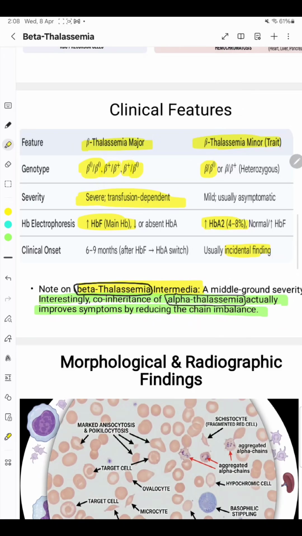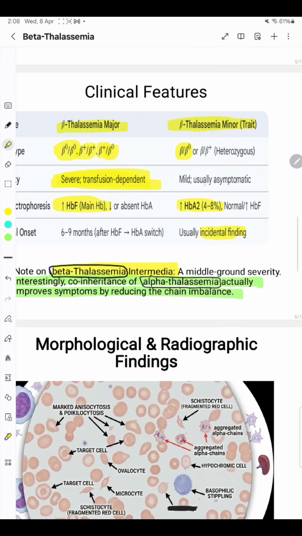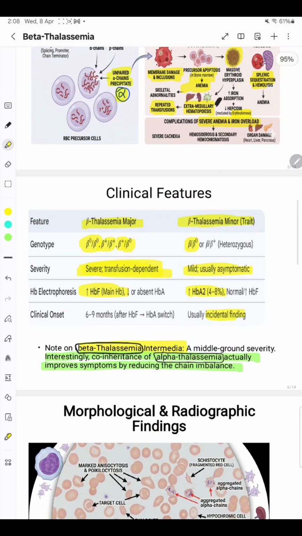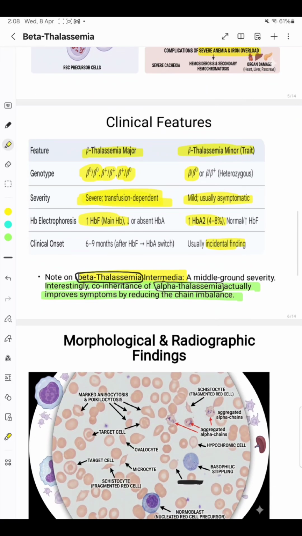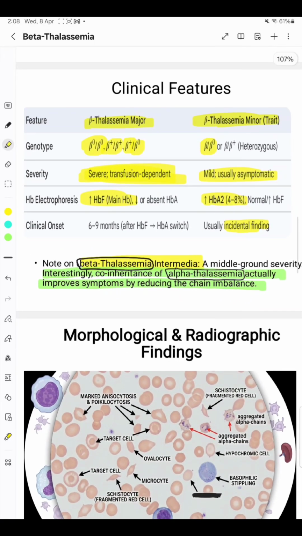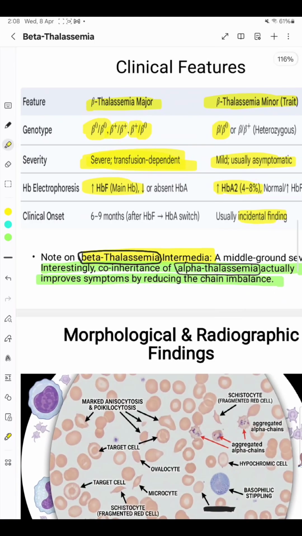Beta 0 or beta plus, heterozygous. Beta thalassemia major is a severe transfusion dependent condition, and in beta thalassemia minor, mostly patients are asymptomatic, and this is an incidental finding most of the time. On Hb electrophoresis or HPLC, there is increased HbF level in beta thalassemia major, mostly more than 90%.